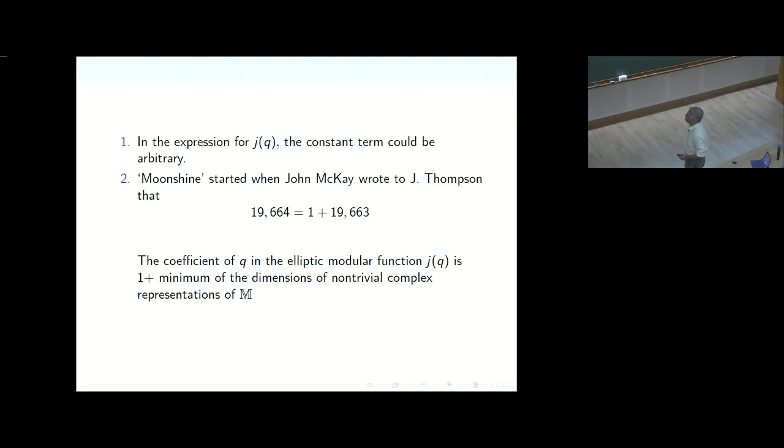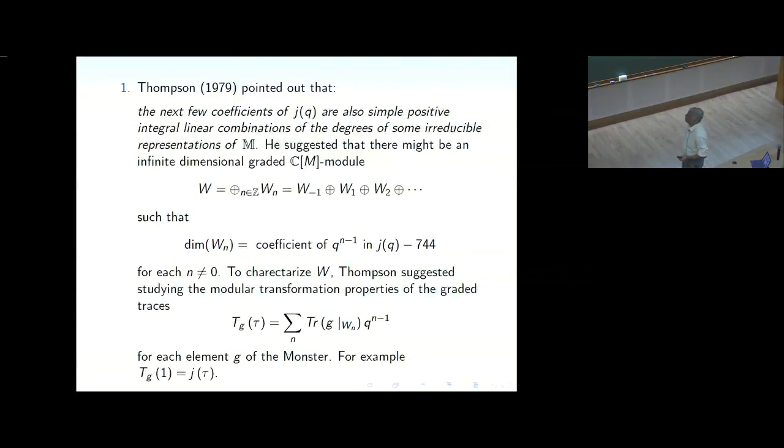The point is that the coefficient of q in the elliptic modular function J(q) is 1 plus the minimum of the dimensions of non-trivial complex representations of F. Thompson thought there was something very significant, and he pointed out that the next few coefficients of that modular form are also simple positive integral linear combinations of the degrees of some irreducible representations of F.